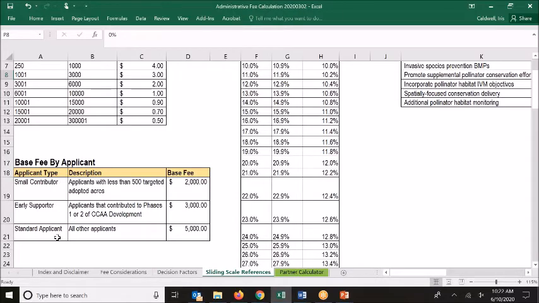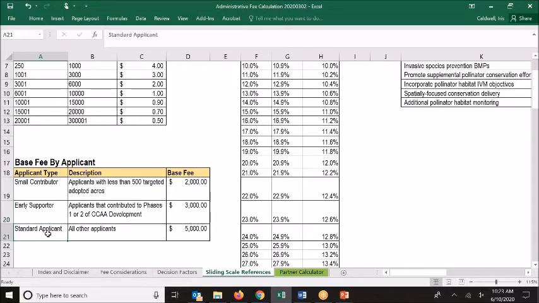You can see we have 3 applicant types: a small contributor, which we define as an applicant that has less than 500 adopted acres. An early supporter is an applicant that was involved in the development of the CCAA, particularly an organization that contributed during phases 1 or 2 of the CCAA development.